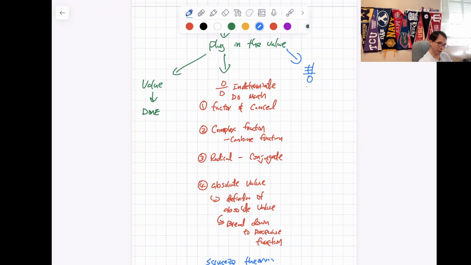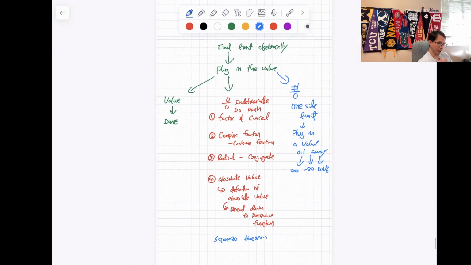Number over 0, you're going to do one-sided limits. And one-sided limits usually means plugging in a value that's 0.1 away. And you're going to get a couple of results: infinity, negative infinity, or does not exist. So pretty much this is the whole section of the limits.